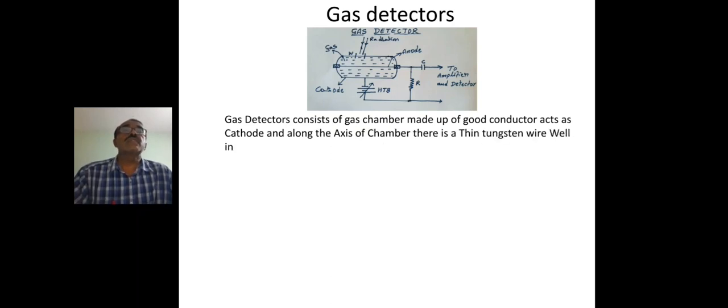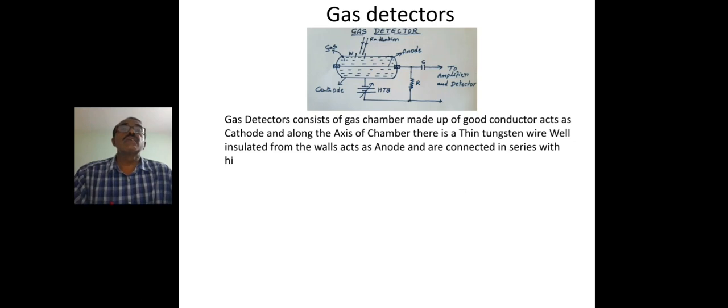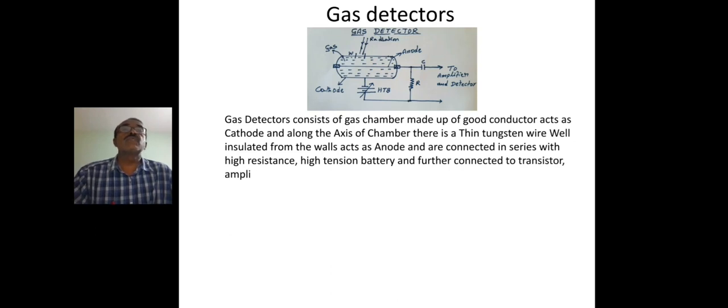Along the axis of the chamber there is a thin tungsten wire, well insulated from the walls, which acts as the anode. They are connected in series with a high resistance and a high tension battery, and further connected to a transistor amplifier and detector, as shown in the figure.